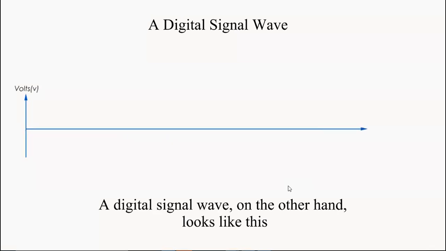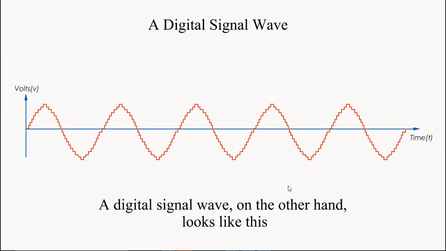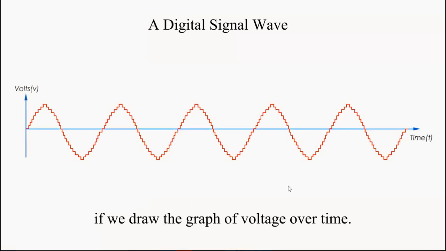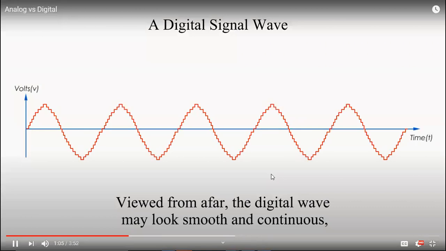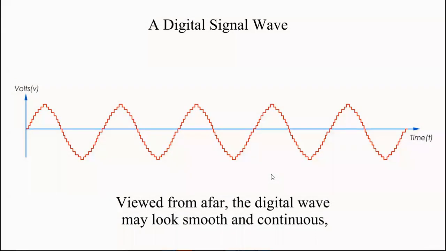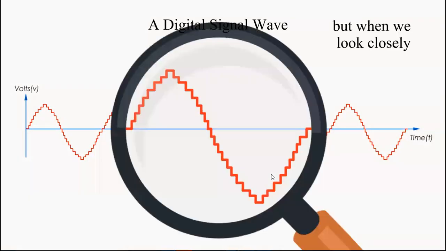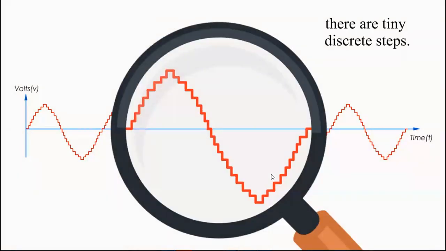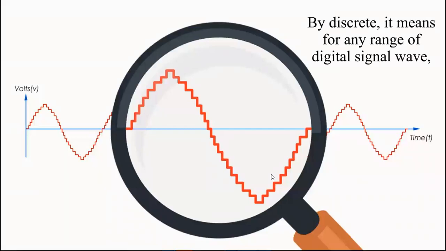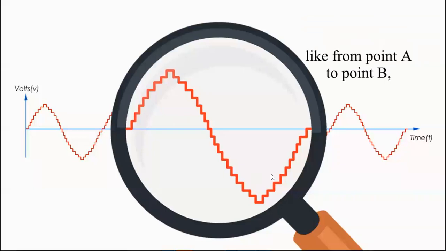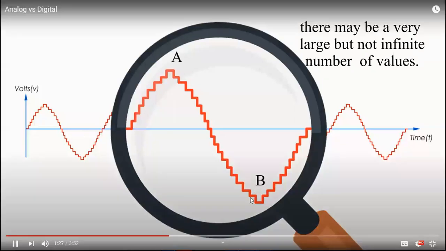A digital signal wave, on the other hand, looks like this if we draw the graph of voltage over time. Viewed from afar, the digital signal wave may look smooth and continuous, but when we look closely, there are tiny discrete steps. By discrete, it means for any range of a digital signal wave, like from point A to point B, there may be a very large but not infinite number of values.